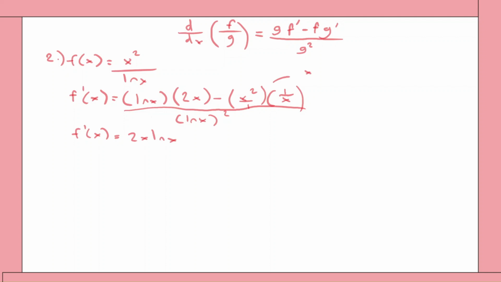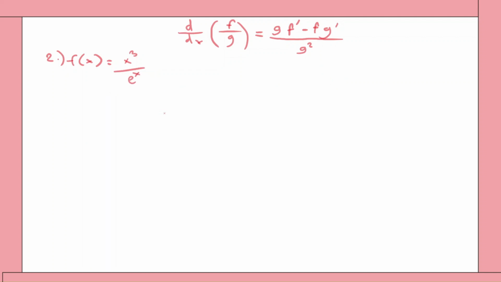We can say this is x squared over x if we were to multiply them across. Well, 2 minus 1 is 1, so this whole thing is actually just x. And then this is all going to be over ln of x squared. So this is your answer, and as you can see, you really have a very similar thing going on for the most part.